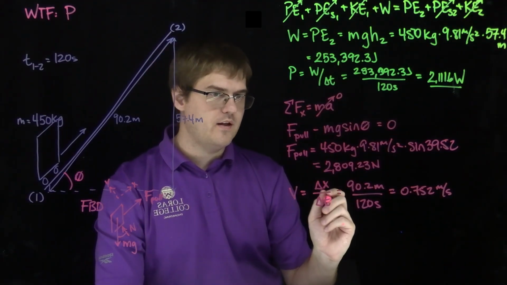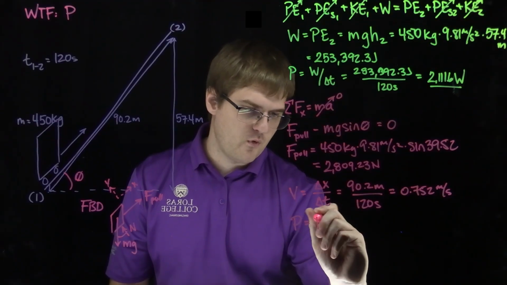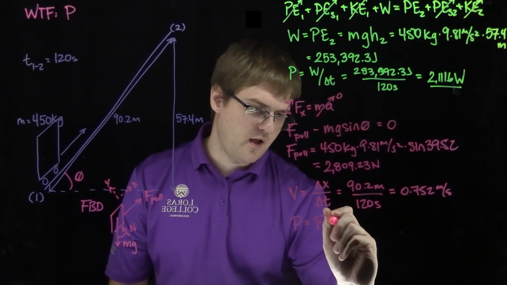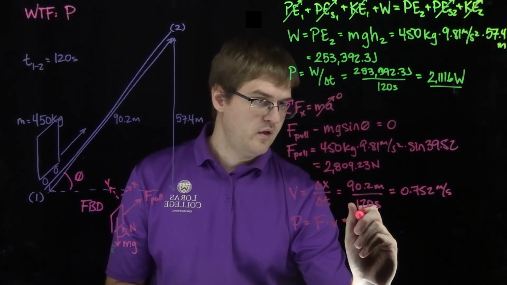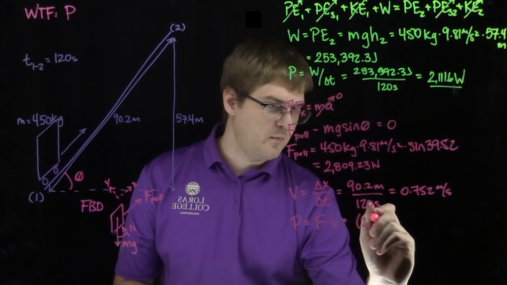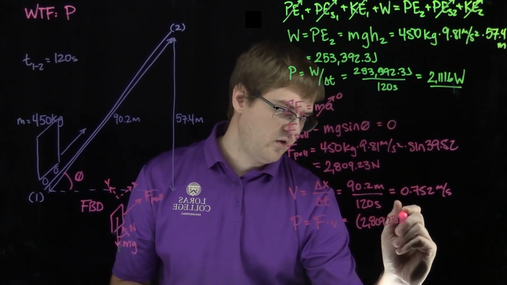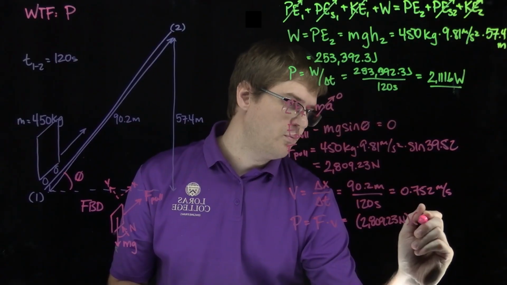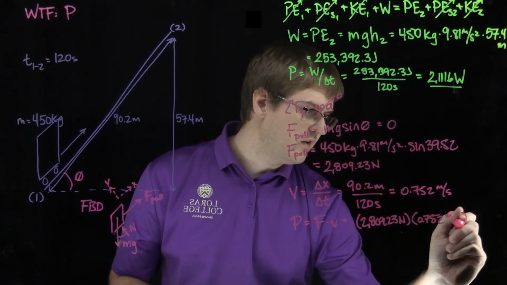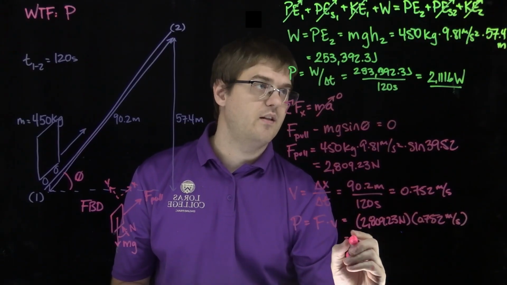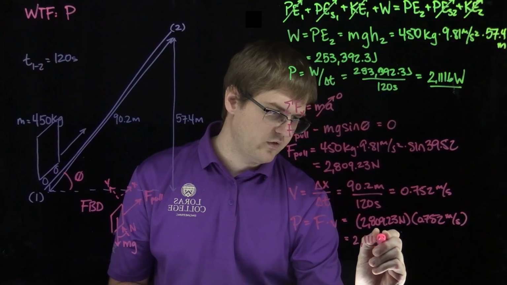And with that, I can say that my power is my force times my velocity. And when I multiplied 2,809.23 newtons by 0.752 meters per second, I do get that same 2,111.6 watts.